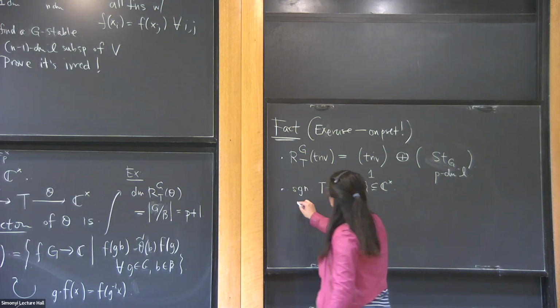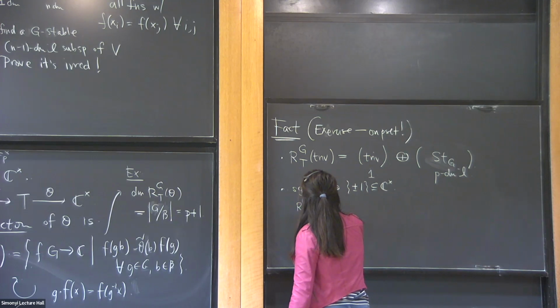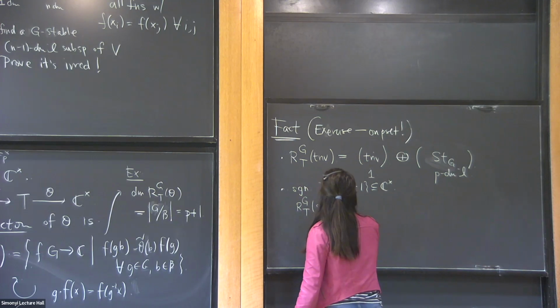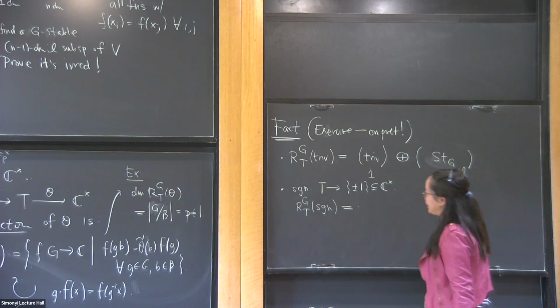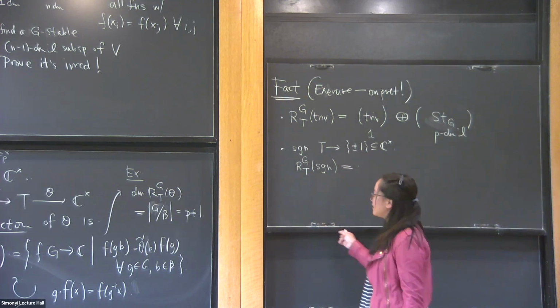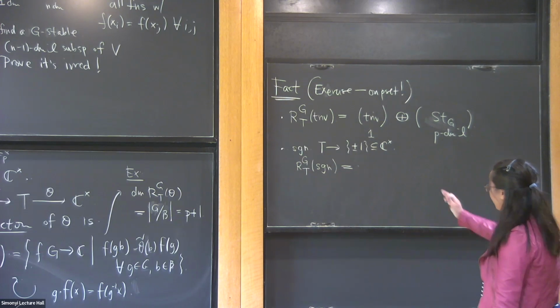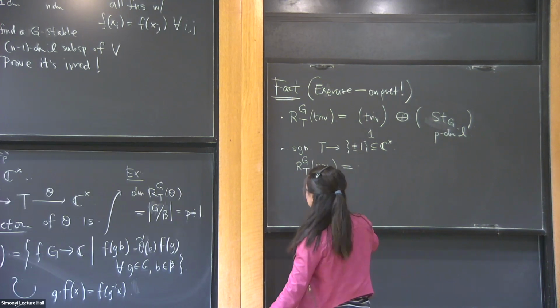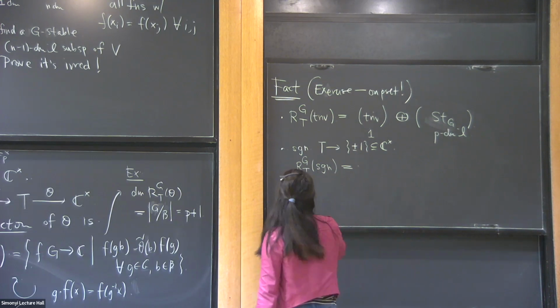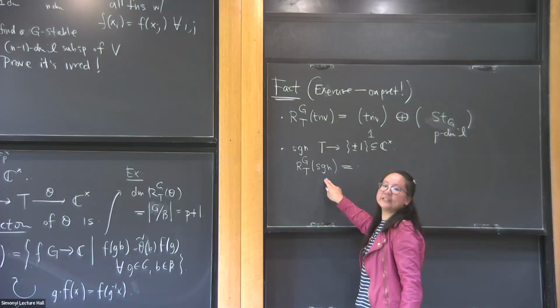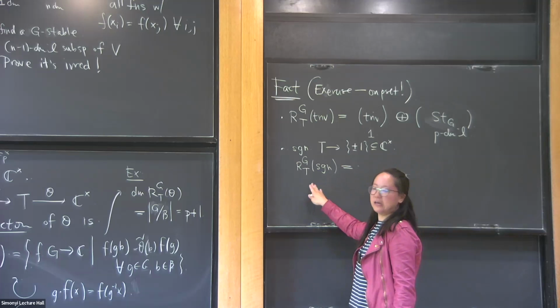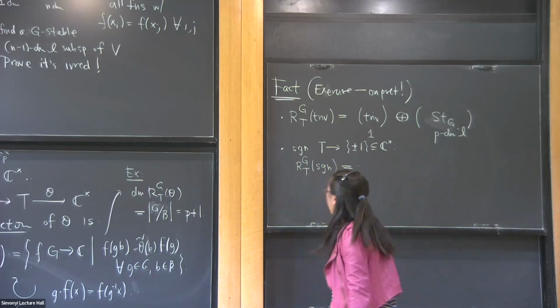And so then one could ask what happens here? RTG of sign. This one is a little bit tricky, but there is an exercise walking you through why the following statement is true. It turns out this also decomposes into two irreducible representations, but trivial is not inside here. That's an exercise, you can check that.